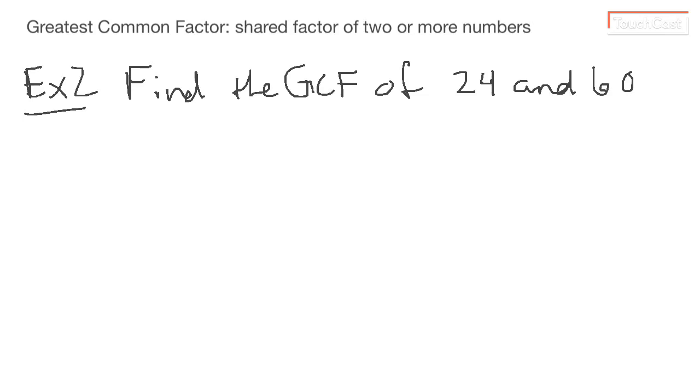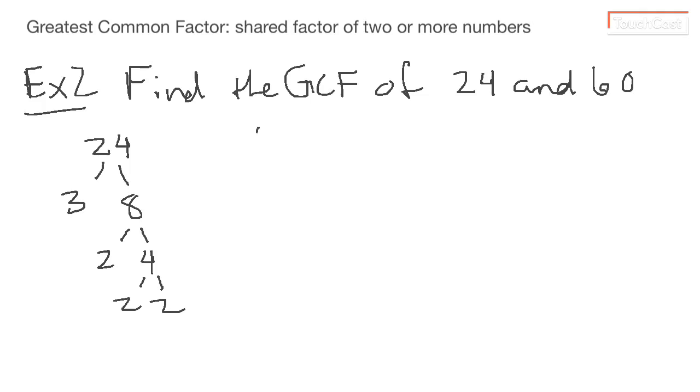So we are going to make factor trees with them. Find the prime factorization of 24 and 60. Well, 24, I can break that up into 3 and 8. 3 is prime, so we're going to leave that alone. 8 we can break up into 2 and 4, and 4 can go into 2 and 2.